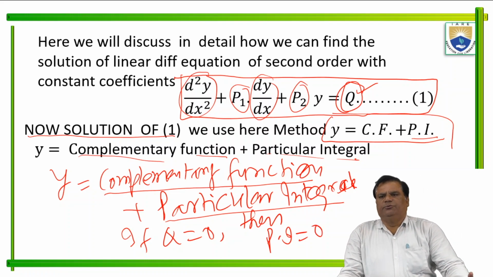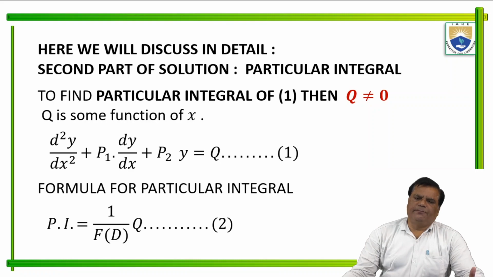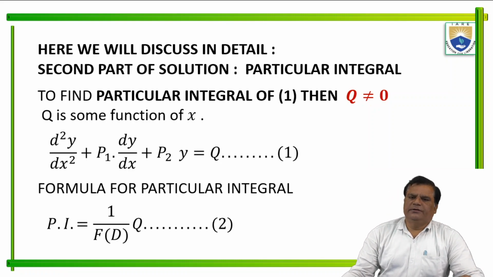The particular integral is always 0. Here we will discuss in detail the second part of the solution. How can we find the second part? This is our main focus in this lecture. The second part is the particular integral.